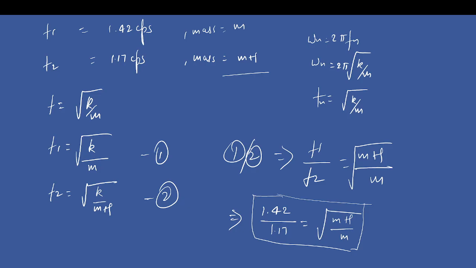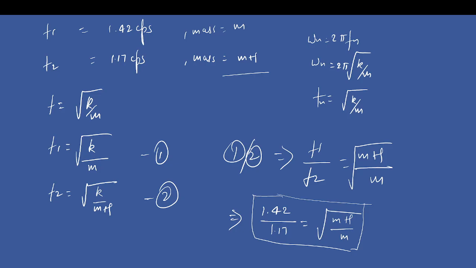The m gets cancelled, so 1 by 1.47, which is 0.67. Sir, it's getting 0.67. M is equal to 0.67.